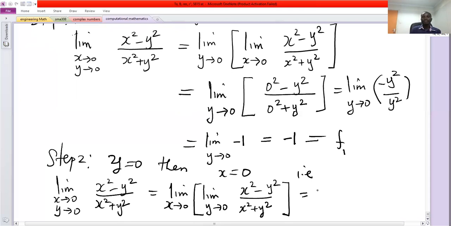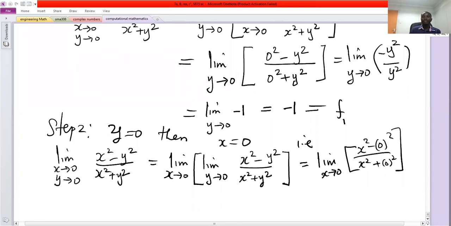And then by direct substitution, you have the limit as x approaches 0. So where there's y, you put 0. So you'll have x squared minus 0 squared over x squared plus 0 squared.